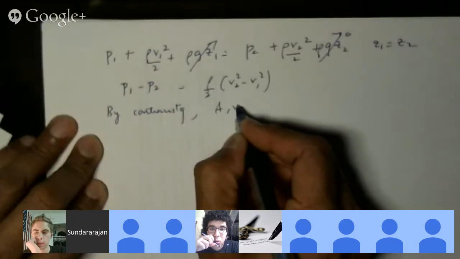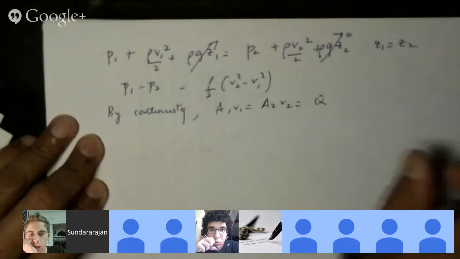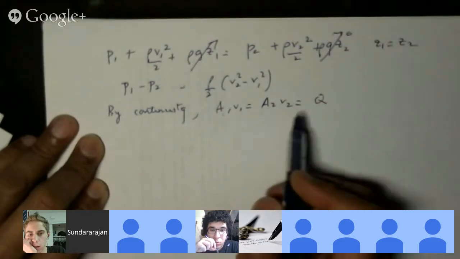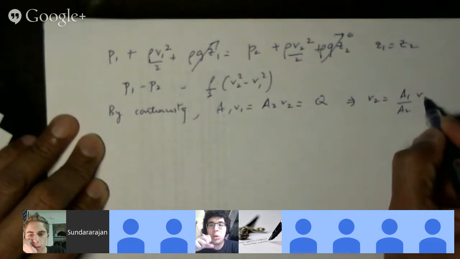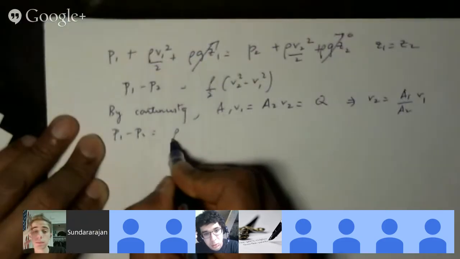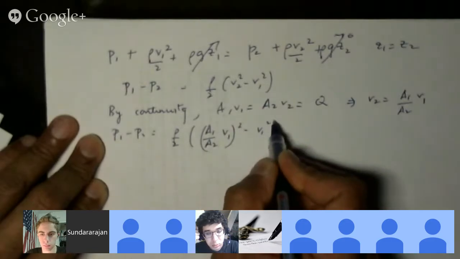By continuity, A1 V1 equals A2 V2, which is Q. The volumetric flow rate through the system is the same. So from this I get V2 is A1 over A2 times V1. I can then get P1 minus P2 equals rho over 2 times A1 over A2 squared V1 squared minus V1 squared.